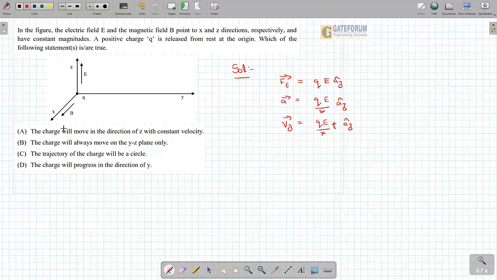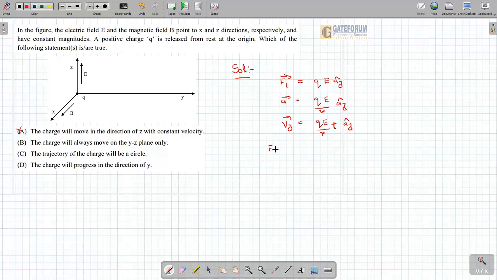Now you see the charge is moving in the direction of z, but is the velocity constant? No, the velocity is not constant. Velocity is dependent on time, and as the time is changing, the velocity is also changing. So the first statement is not correct. The charge will move along the direction. Let us see further what will happen, the effect of this on the magnetic field.